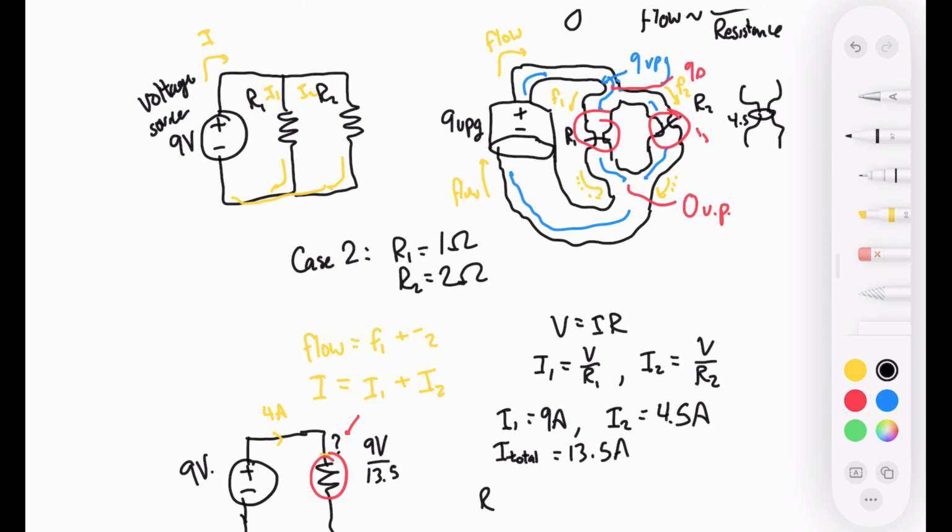So our R total equals 2/3. And sure enough, this is less than, of course, 1 ohm or 2 ohms, which we had from before.